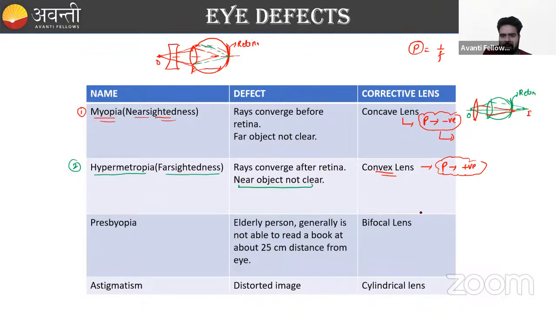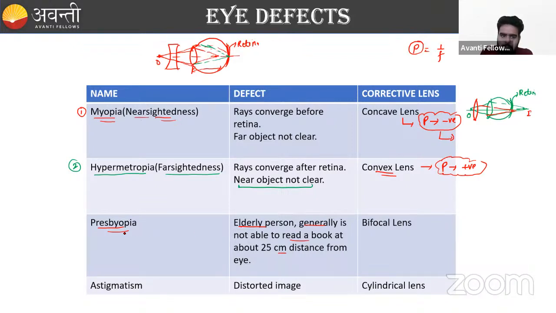Another type of defect is presbyopia. What happens in presbyopia? This type of defect is generally observed in elderly people, old age persons. The near point of the eye of the old age person is shifted away. That's why they can't see the object.